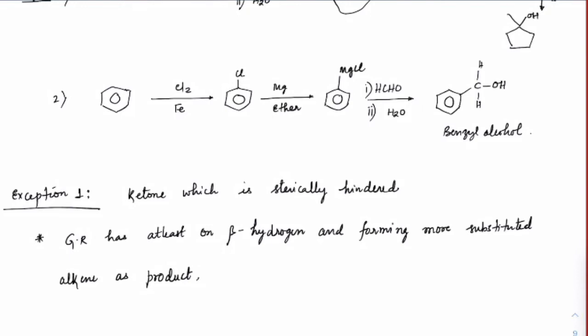This condition has to be fulfilled. There should be at least one beta hydrogen. Second thing, the product formation should be more substituted alkene.